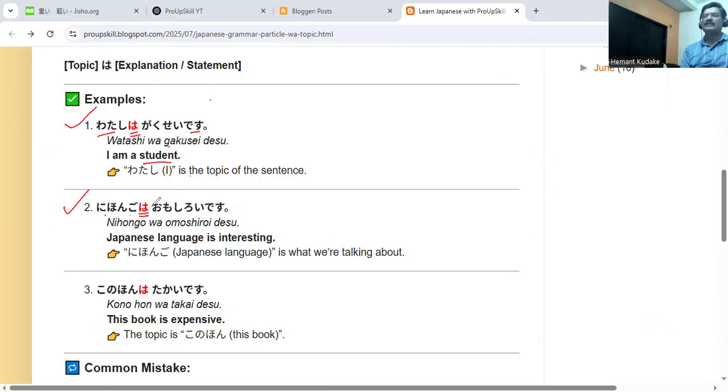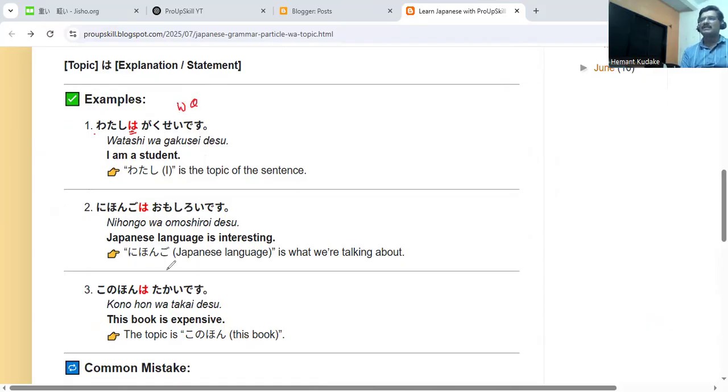Most of the students have a question: when to pronounce it as ha or wa. To be very specific about this question, when this comes at the end of any word, you will pronounce it as wa.